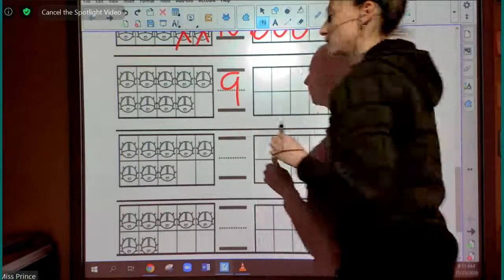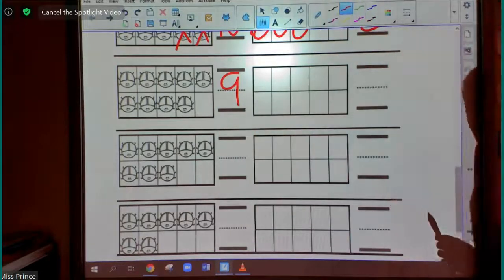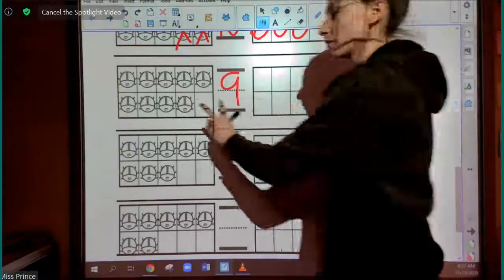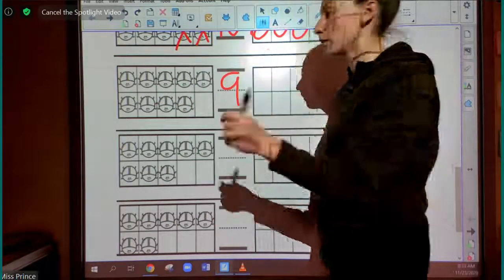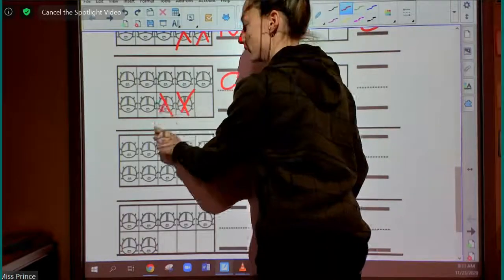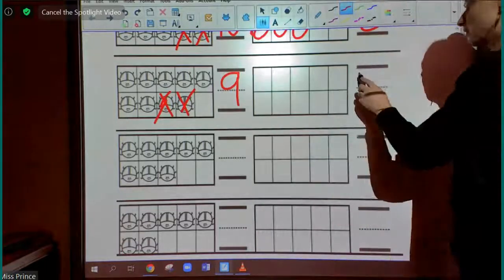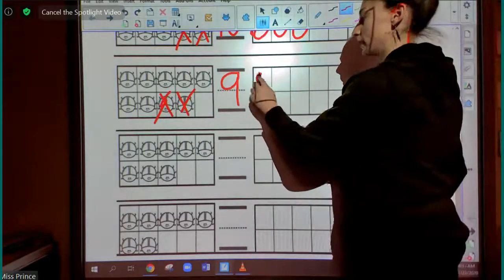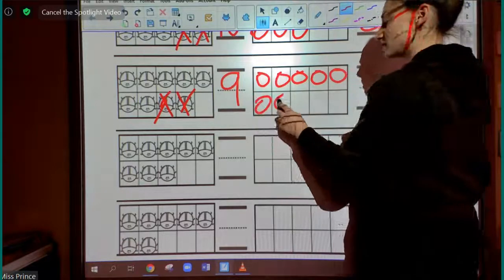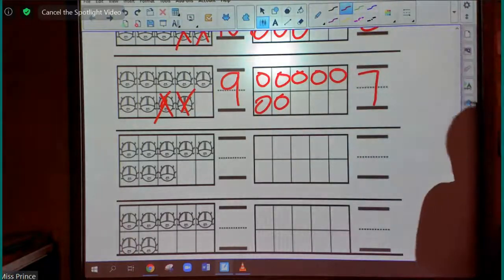And then what would be 2 fewer? 7. Good job. We're going to get rid of 2 of them because that's 2 fewer. Ready? 9, 8, 7. So I want to draw 7 over here. 1, 2, 3, 4, 5, 6, 7. Great job, Nicholas.